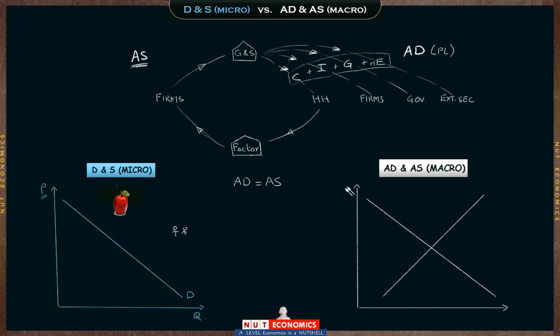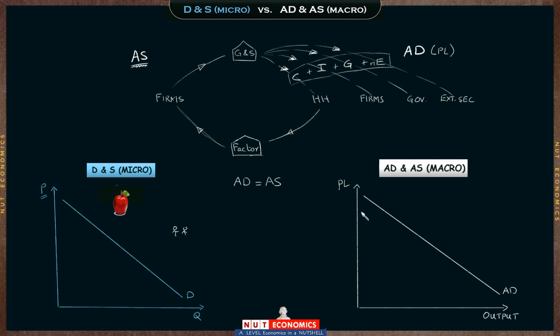So in the model of aggregate demand and aggregate supply, instead of looking at prices and how consumers of a single product react in terms of buying more or less of that single product, we look at the price level, and then we want to see on the x-axis the total amount of output that will be demanded, and we come up with a downward sloping aggregate demand curve, which is telling us something very similar to the microeconomic model, but at the same time something very different.